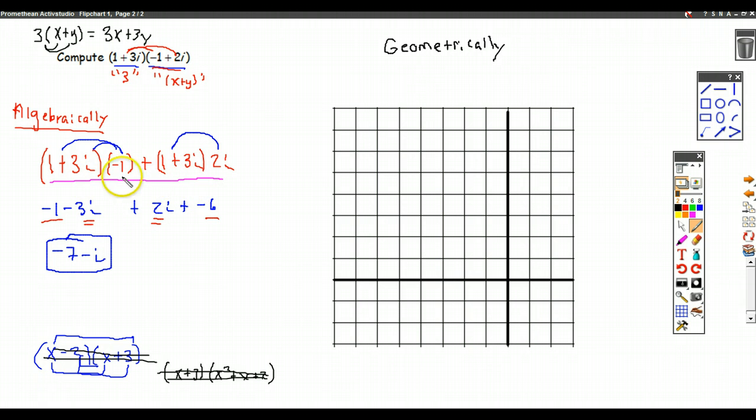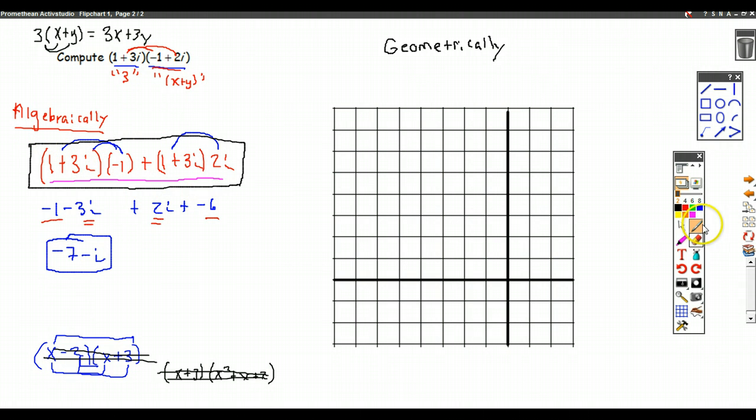But once we do that initial distributing, we've basically turned a multiplying problem into an adding problem, and we know how to add vectors and complex numbers, since we saw it in the last video. So after you distribute, this is the key step where you can actually do the geometric representation.